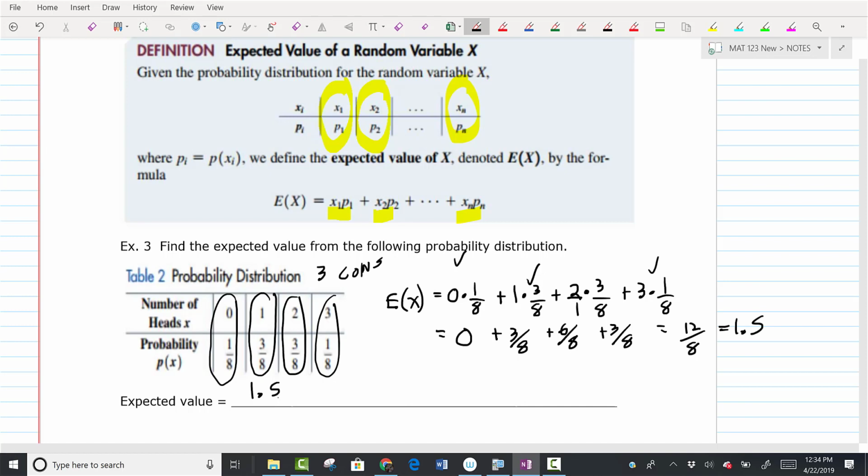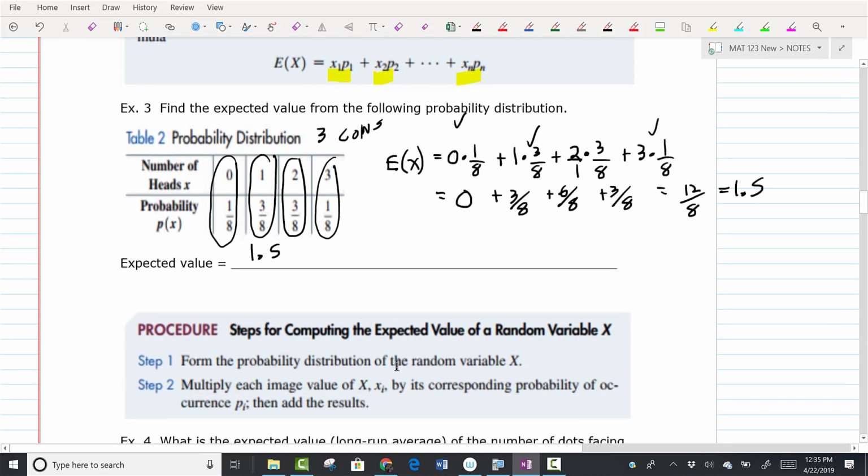So basically all it's doing is, on the average, what's the most likely outcome? The most likely outcome is halfway between 1 and 2. Does that make any sense? That's the expected value on that: you would get 1.5 heads. It doesn't mean that you're going to get 1.5 heads. That's impossible, but that's how many you're going to get on the average. So that's the expected value.